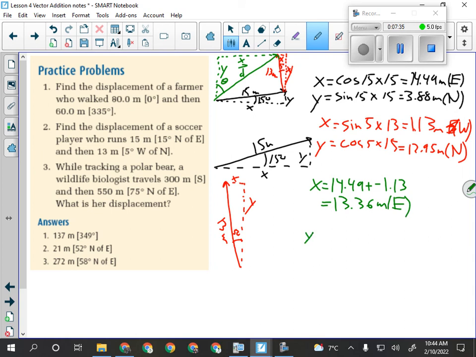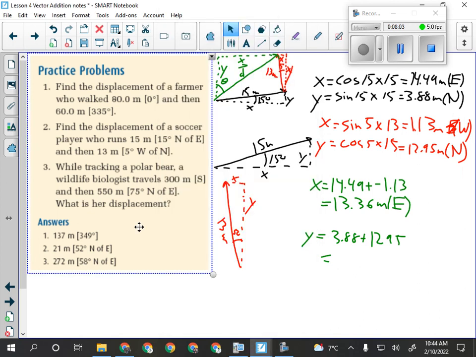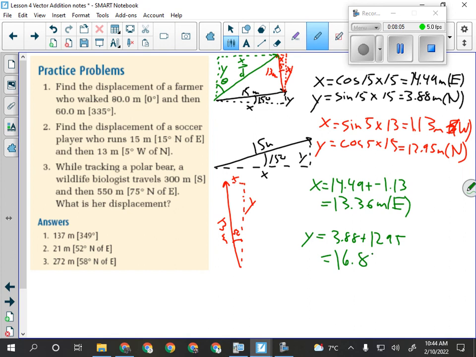And then for y, they're both north, so I just have to add them, so that'll be 3.88 plus 12.95. Okay, so we're looking at 16.83 for that one. Meters north.